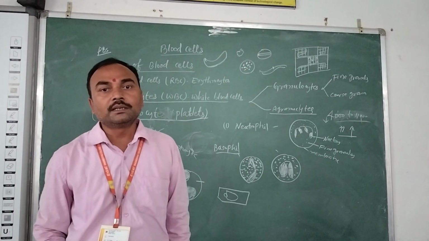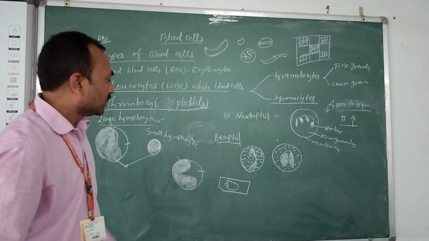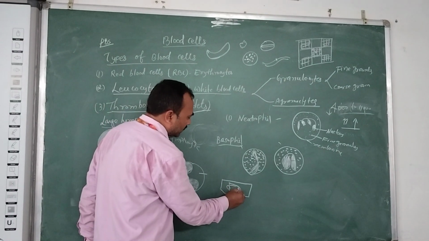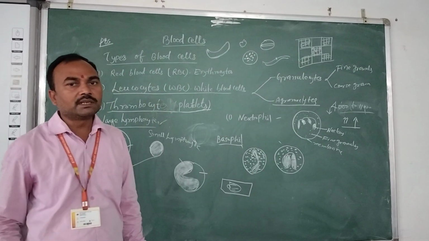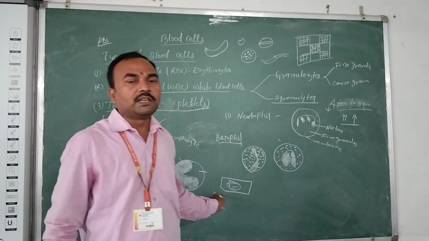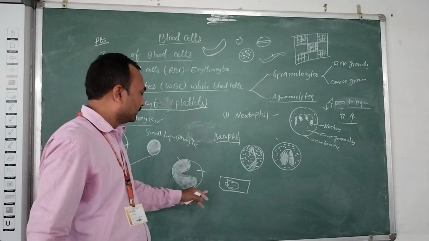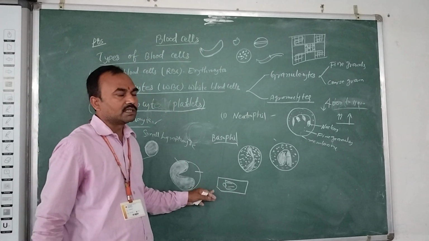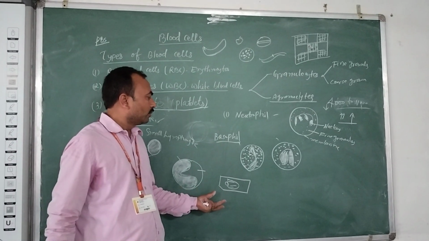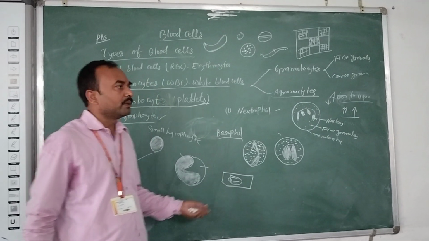We prepare the smear, and it should look like a tongue shape, separate. It should not be too thick, not too thin. We have to take care of that, and then we can go for the staining technique. Leishman staining technique is very good for the peripheral smear. We stain with the Leishman stain, wash properly, dry and focus under the microscope.